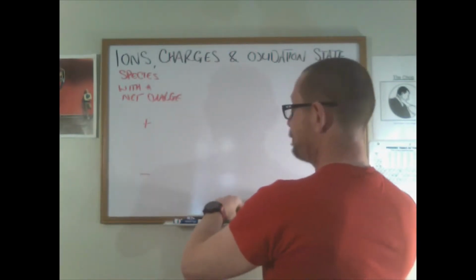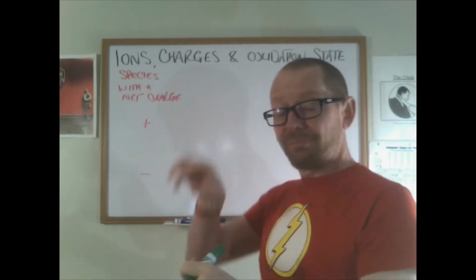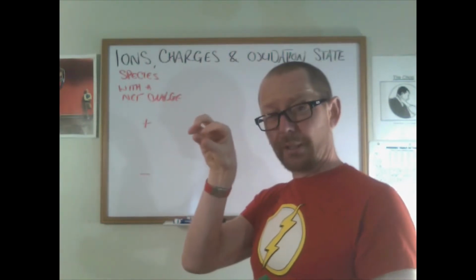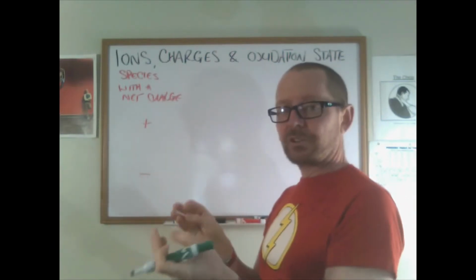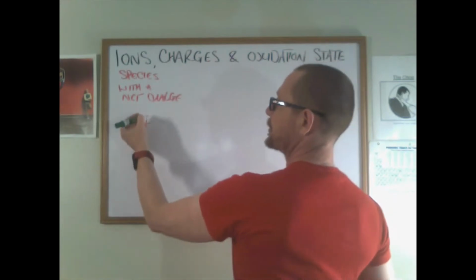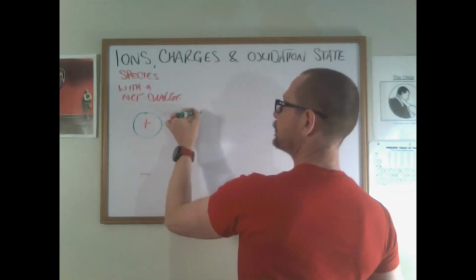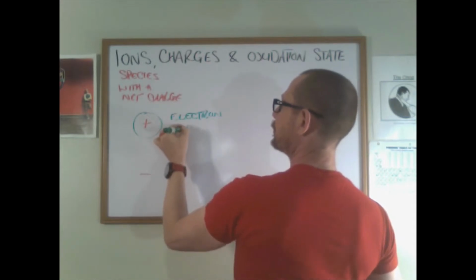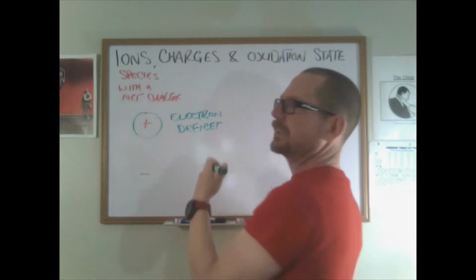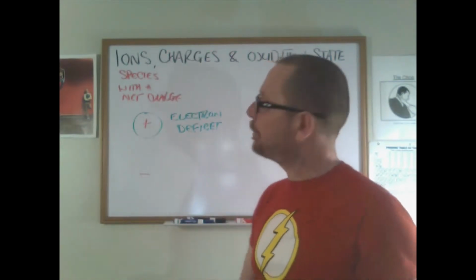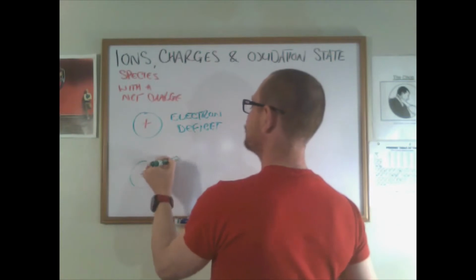If we have a positive charge, it means we've got the positive center, the nucleus of the atom, and a deficit of electrons. If we have a positive charge, that's an electron deficit. And if we have a negative charge, we've got an electron surplus.